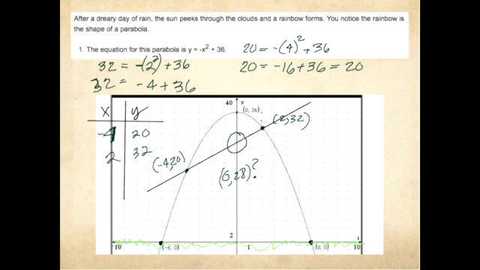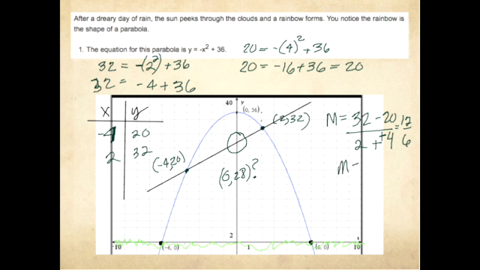So I'm going to find my slope, and my slope is going to be y1 minus y2 over x1 minus x2. So this is plus positive, so this is going to be 6. 32 minus 20, I believe, is 12.